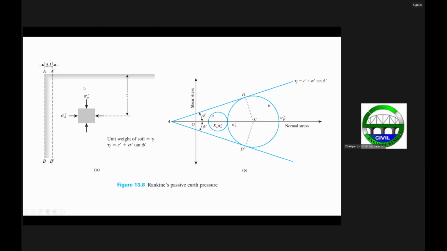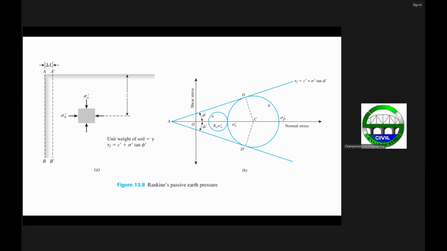Now, if the wall moves towards the soil, then the horizontal earth pressure in the soil mass will increase, because the soil will tend to get pressed.